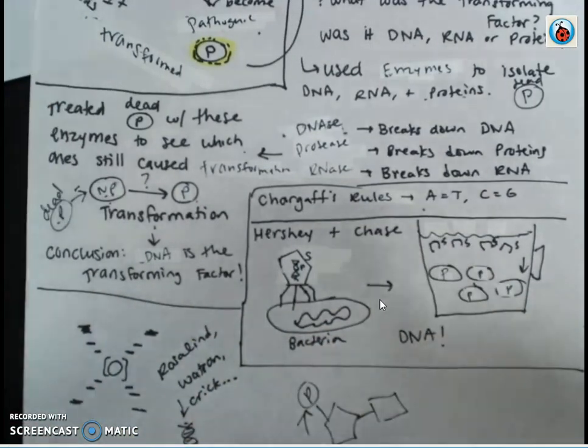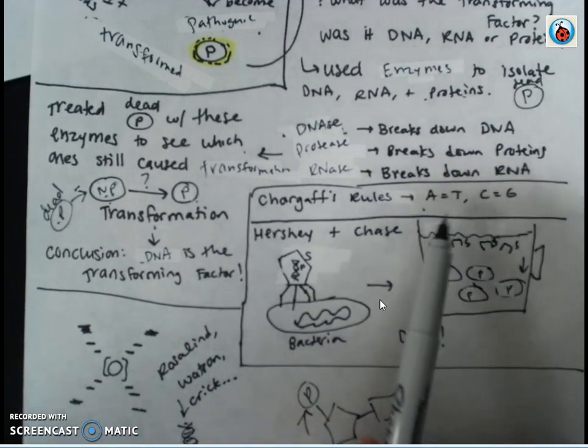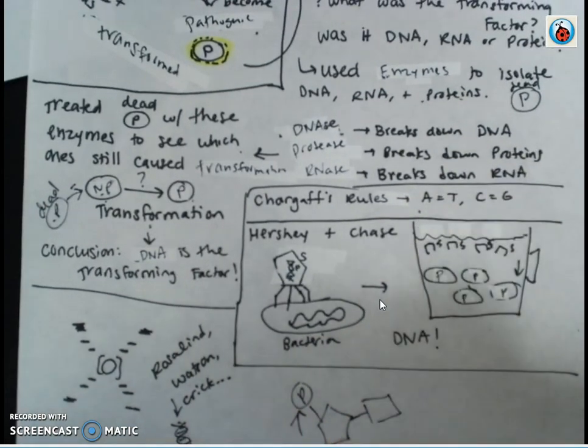So Watson and Crick got a hold of this photo 51, and one of them knew, oh my gosh, it's a double helix. And using Chargaff's rules that A equals T and C equals G, and the idea that it's a double helix, they were able to build a three-dimensional model of DNA, and basically get the credit for discovering the structure.